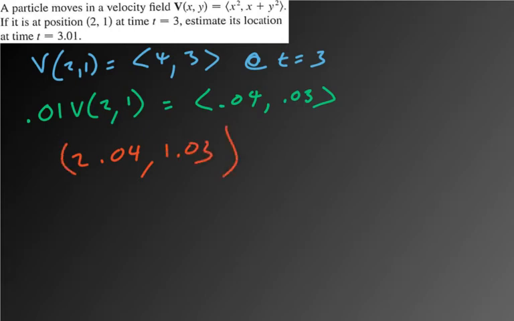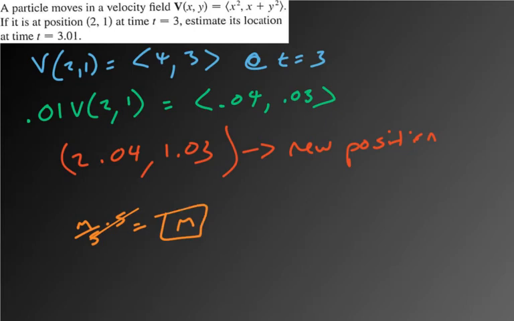And so that would be the new position, basically, just based on scaling that velocity by the unit of time. I can think of it honestly as meters per second times seconds, where the seconds would cancel and give you the meters you've moved. That's basically what we're doing. So this right here is how much you've moved, so we just tack it on to my original position.